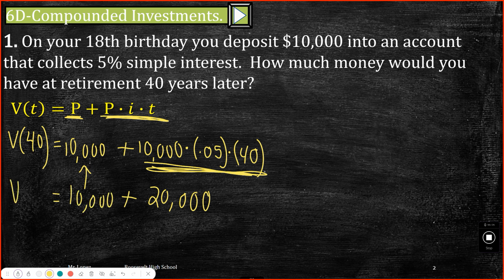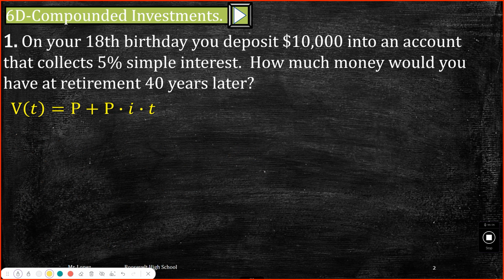So at the end of 40 years, after you put in 10,000, you will receive back 30,000. Your 10,000 plus the 20,000 of interest. That would not be a good investment at all.